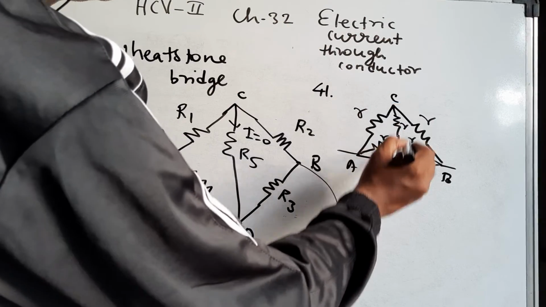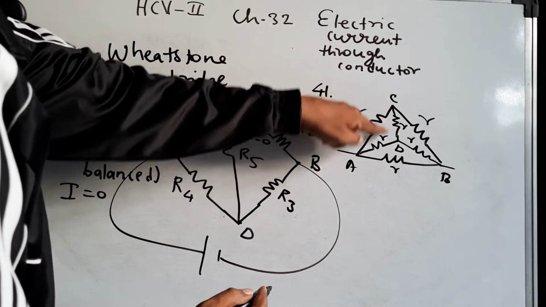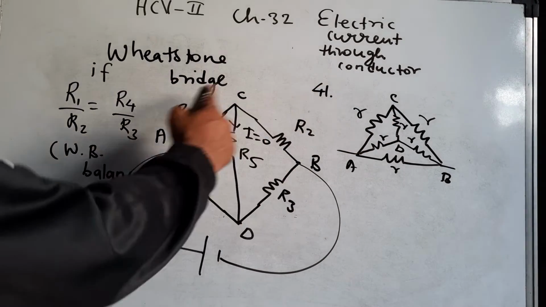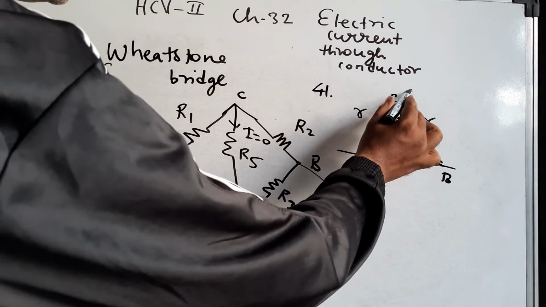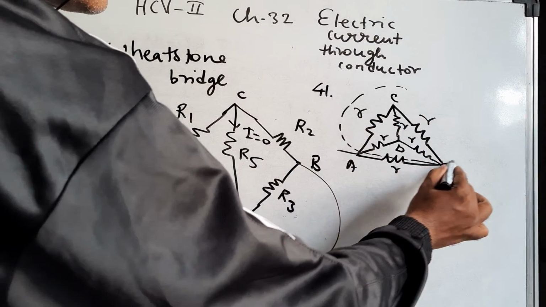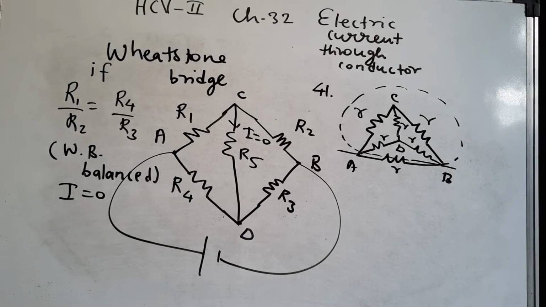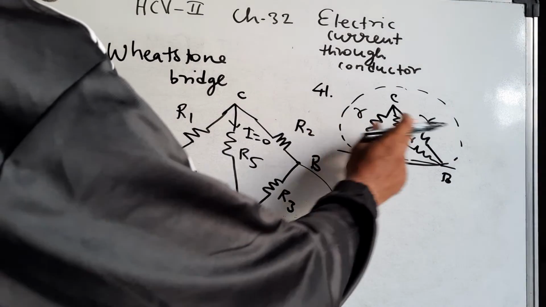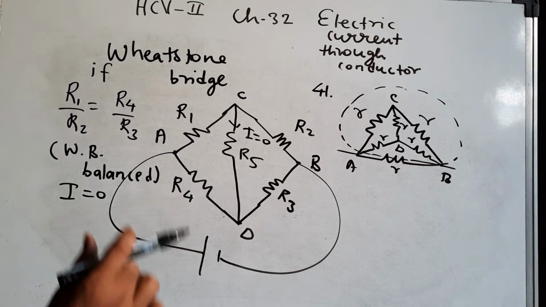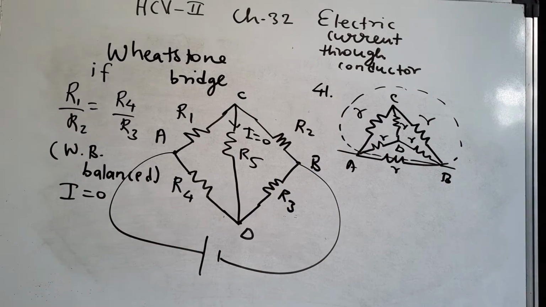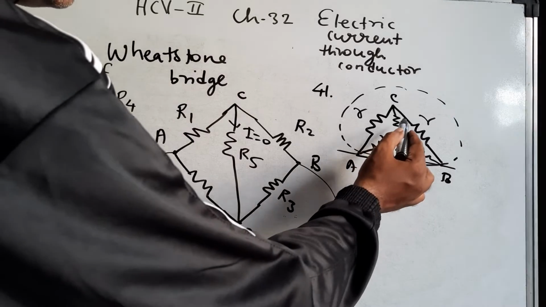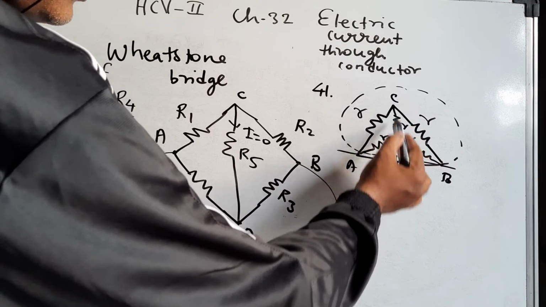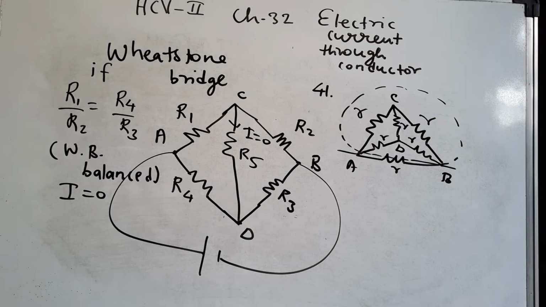You can call them C and D, and there is some resistance across C and D, also R. So this part looks very much like the Wheatstone bridge, and it's a balanced Wheatstone bridge because the ratio of R upon R is going to be 1 only. So you can simply remove the resistance across CD because there will not be any current flowing through it.